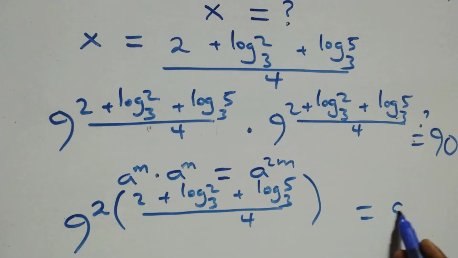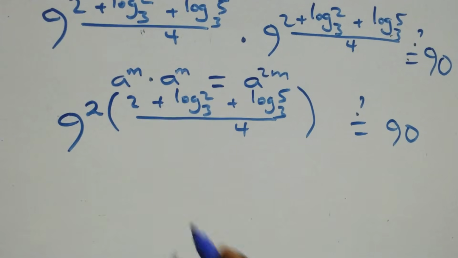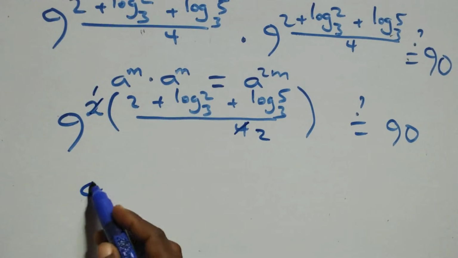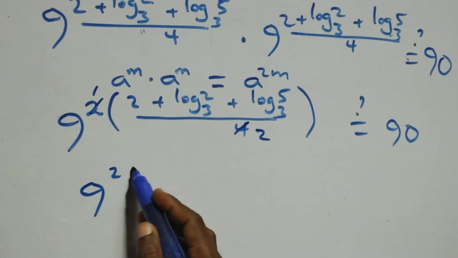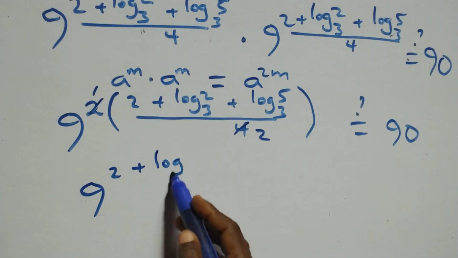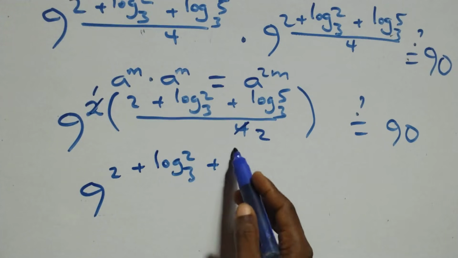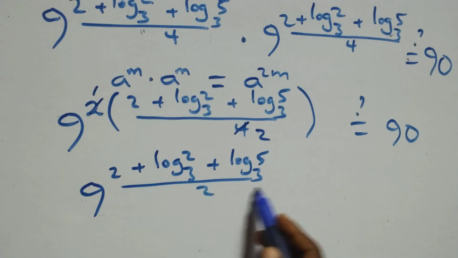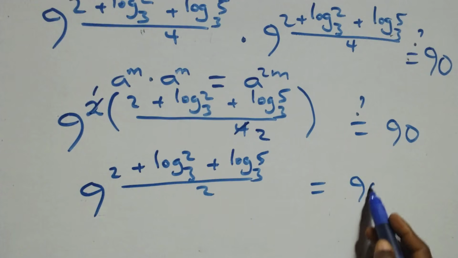Is it equal to 90 on this side? This power multiplies: 2 here and 2 here, and we have 9 raised to power 2 plus log 2 base 3 plus log 5 base 3 all over 2. This is equal to 90 on this side.